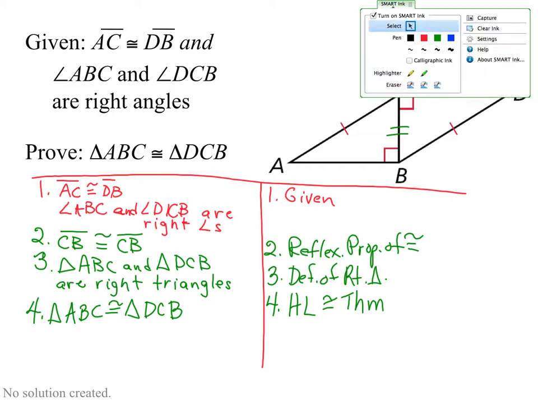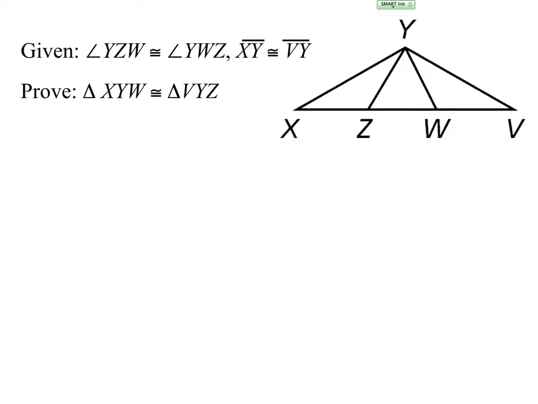Let's find another one. Okay, given angle YZW congruent to angle YWZ and XY congruent to VY, we're trying to prove, now there's a lot of triangles in this picture, so we better concentrate on the right ones.